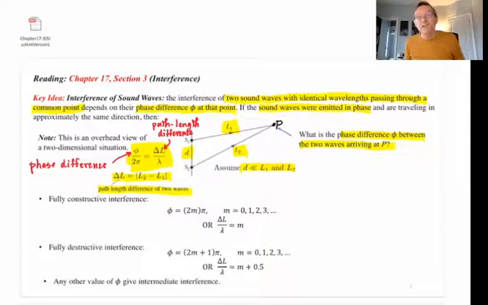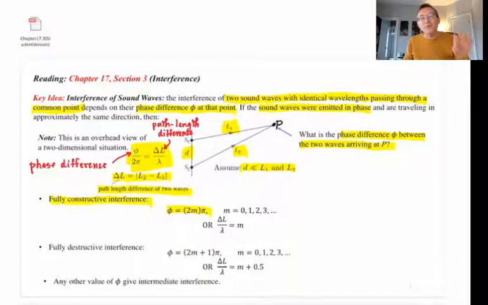Here's another thing we said in chapter 16. When do you get fully constructive interference between two waves? The answer is easy. When the phase difference phi between the two waves is an even integer times pi. So we write it like that.